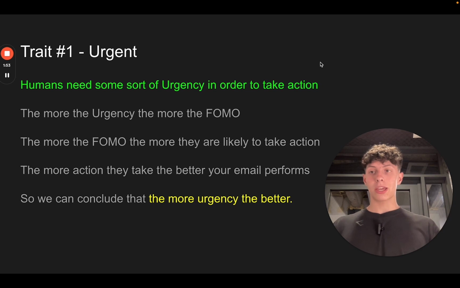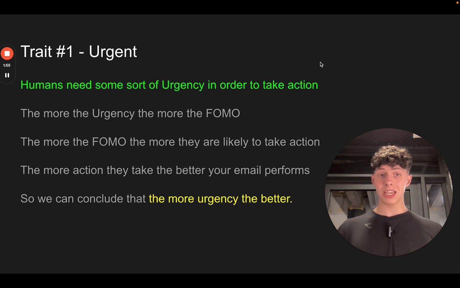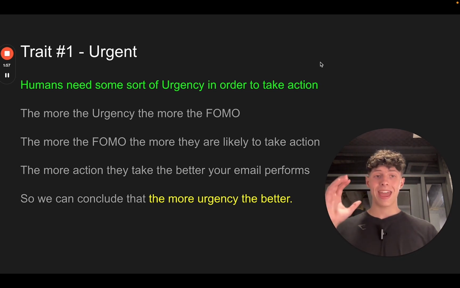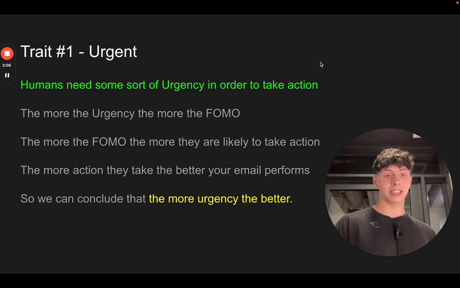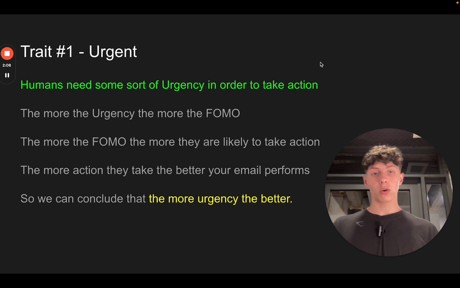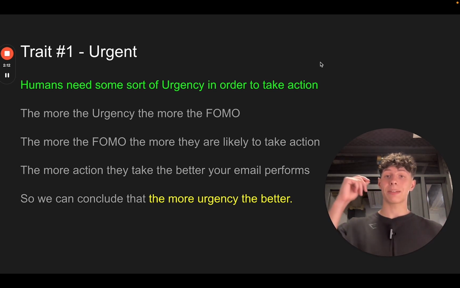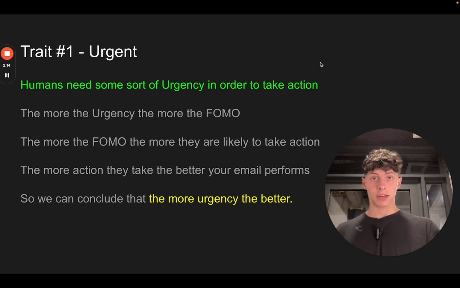If you're scared of missing out on an incredible deal, you're more incentivized to open the email. So we can conclude that the more urgency there is in an email, the better the open rate is going to be. Then, of course, the content of the email is going to have to be good. But let's start by looking at some examples of an urgent subject line.